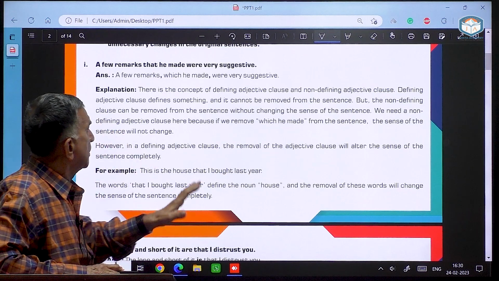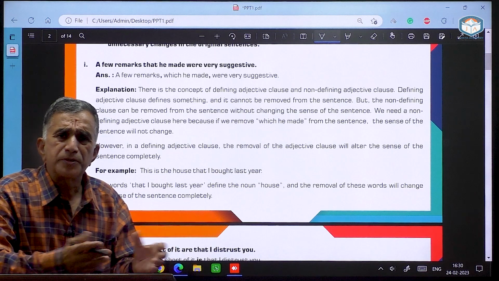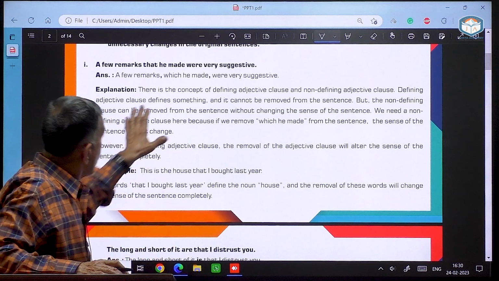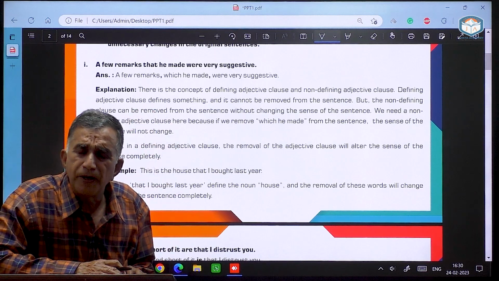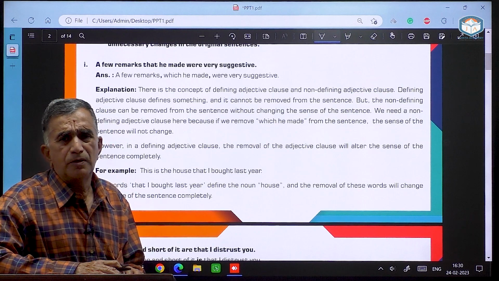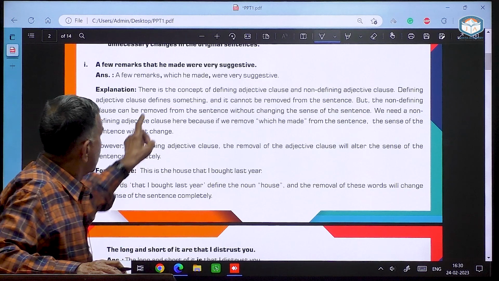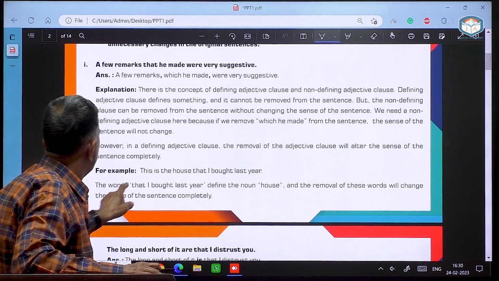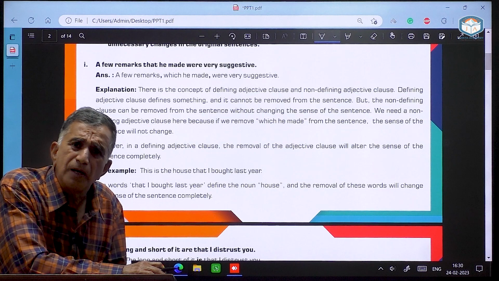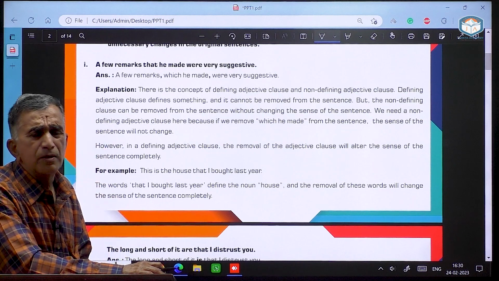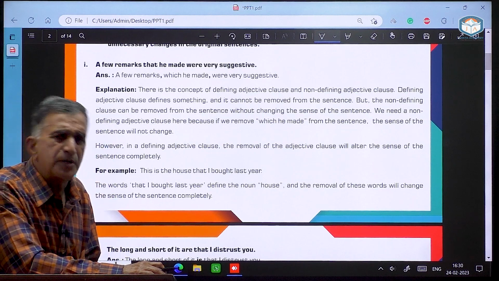A few remarks were very suggestive. Sense is clear. Which he made is a non-defining adjective clause. So it is generally put within commas. Second is defining adjective clause. It can't be separated from the sentence.